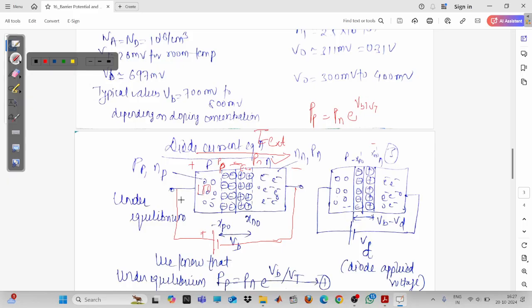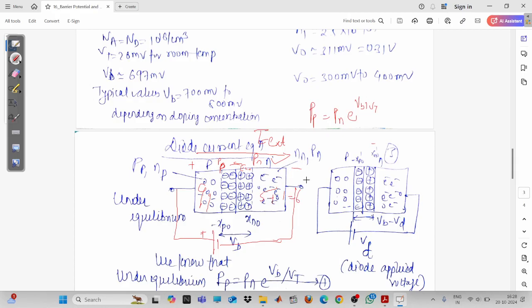Now suppose we are having 100 holes here and you are having 5 holes in the N-type, because holes are majority in the P-type and minority in the N-type. Now suppose one hole will enter into the N-type because of the application of the voltage, then the electrical field, there will be a force. So because of that, this value 100 minus 1 will be 99, and here you will be having 5 plus 1 will be 6.